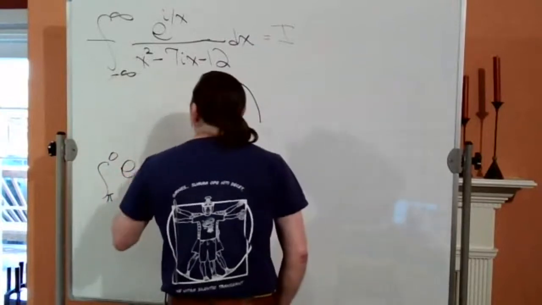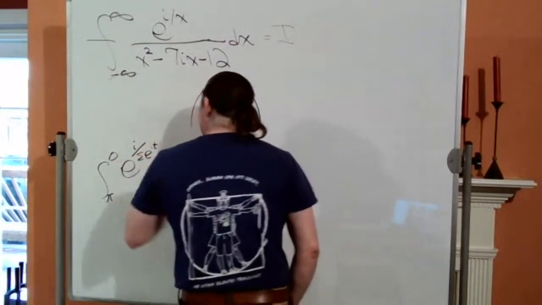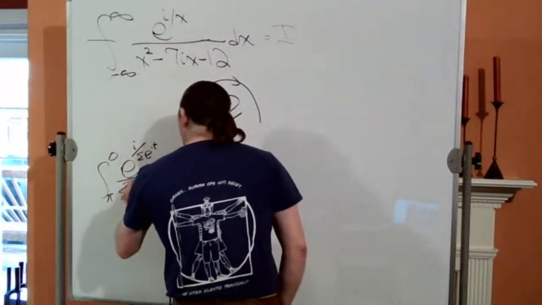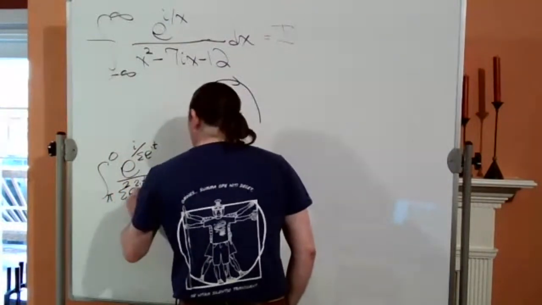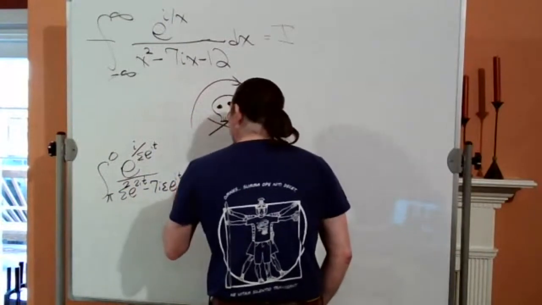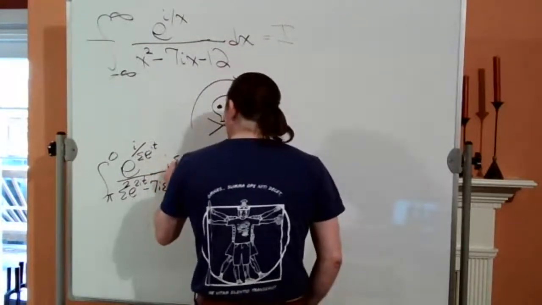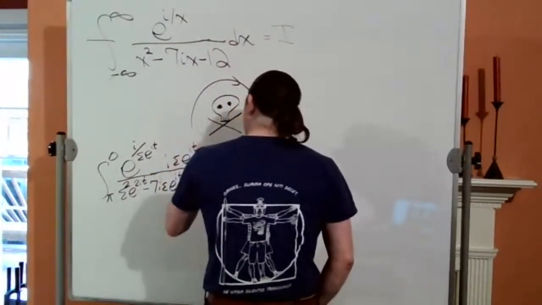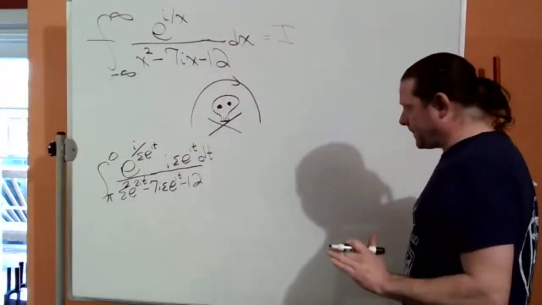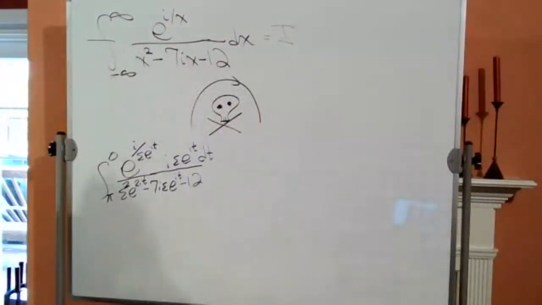I've got e to the i over epsilon e to the it divided by epsilon squared e to the 2it minus 7i epsilon e to the it minus 12. And then dz becomes i epsilon e to the it dt. All right? Now, epsilon is going to 0.